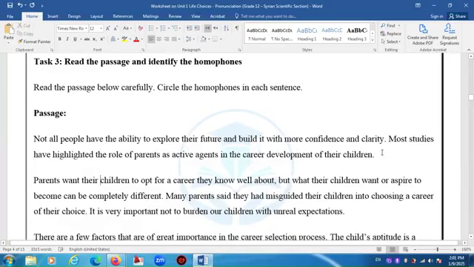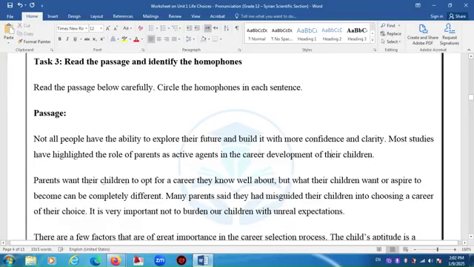Most studies have highlighted the role of parents as active agents in career development of their children. So I have this there and this there, but both of them are the same. So let's keep reading. We will see.